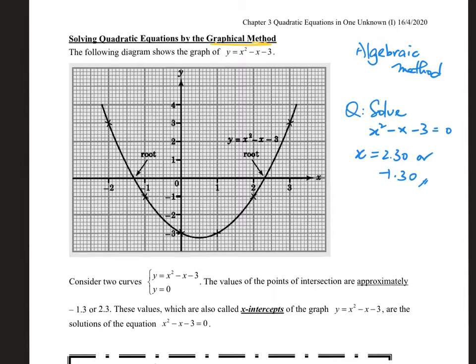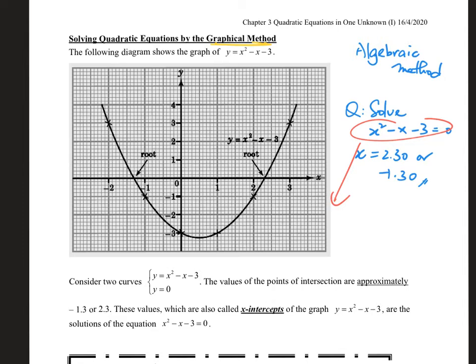But in the graphical method, what can we do? It will be done in this way. Solving an equation is like finding the intersection of two graphs. Repeat: in solving a single equation, we find the point of intersection of two graphs. How can we break it down?